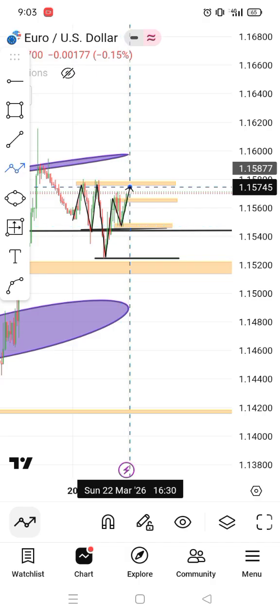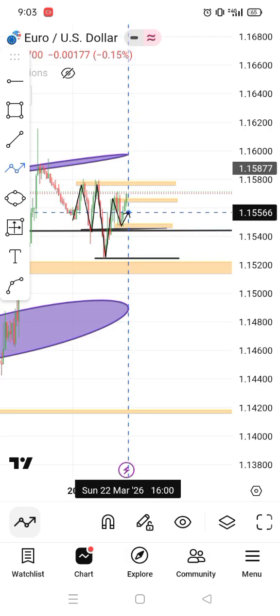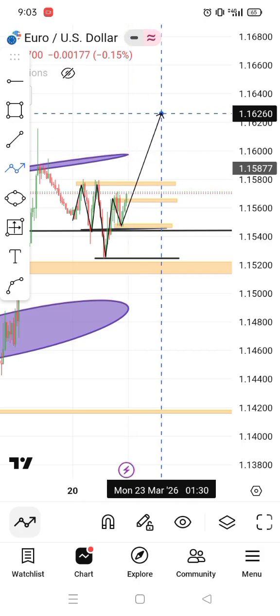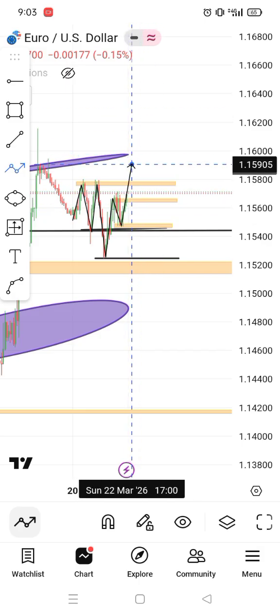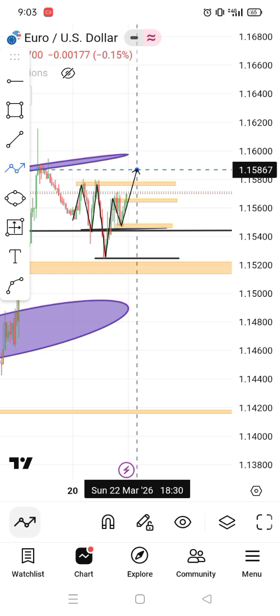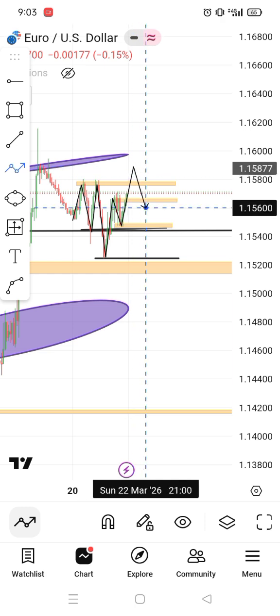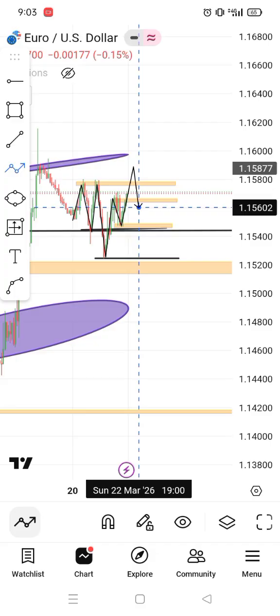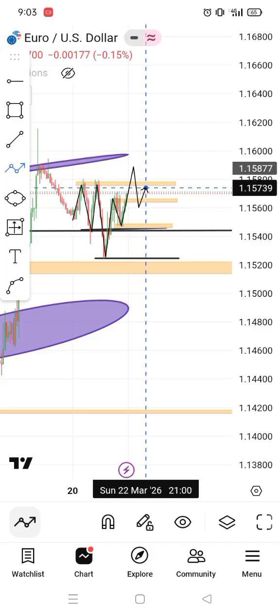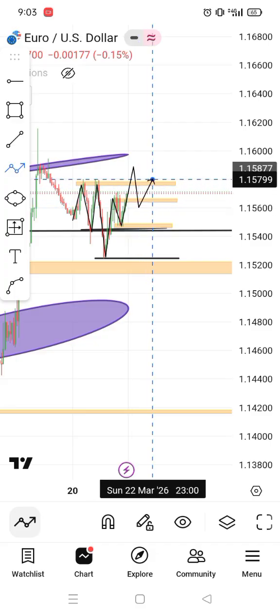So I think on the Sunday opening, price would go up like this. I don't know how strong it is, but we'll see. If price makes a higher high, we're going to wait for a higher low to be created, and then we can enter the second time around.